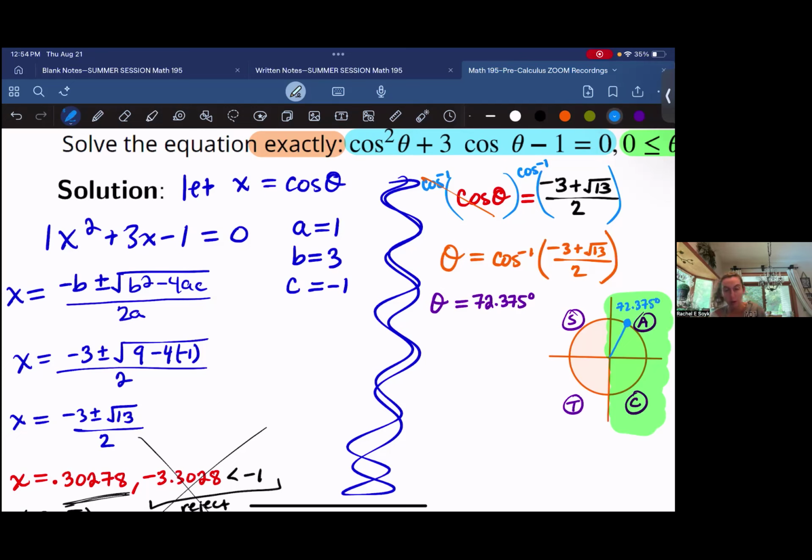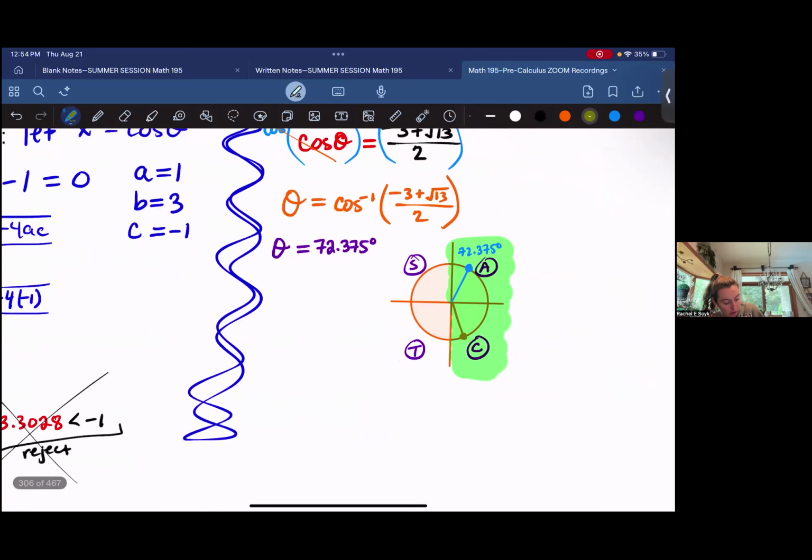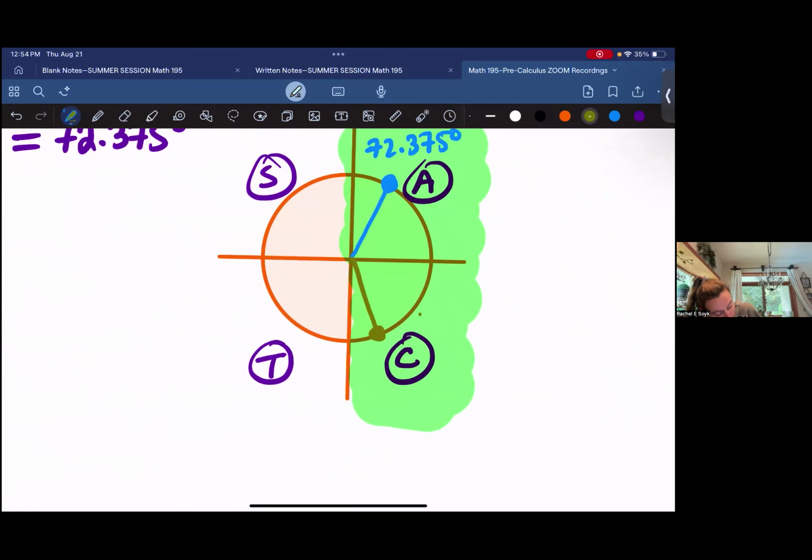And that's also our reference angle, which tells us that if we were to find our angle in the fourth quadrant, that's just 360 minus that, which gives us about 287.625 degrees.